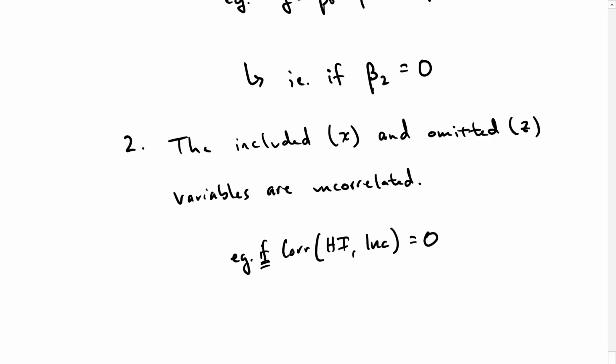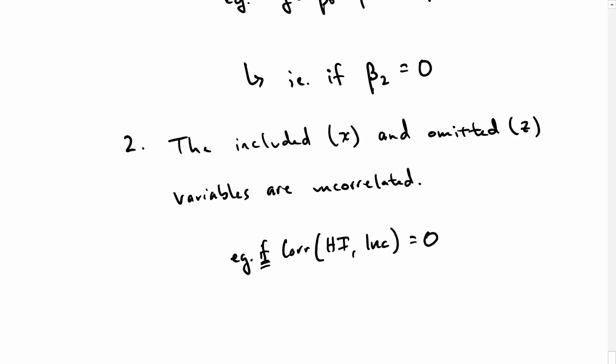If those are not correlated, then it's also okay if we leave out income. It's not going to bias our health insurance coefficient. But if these are at all correlated, we cannot leave out income, because that's going to bias our health insurance variable.